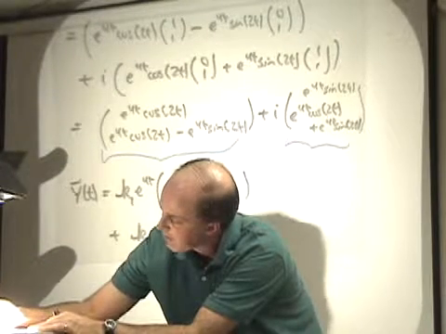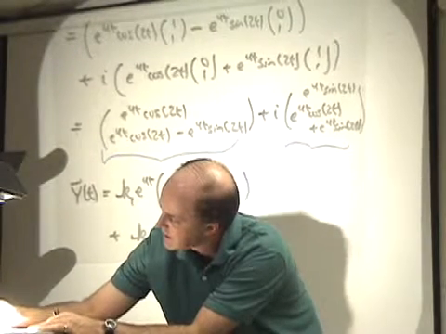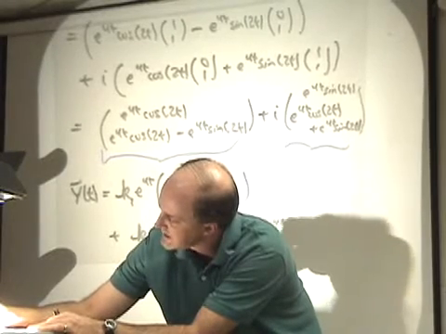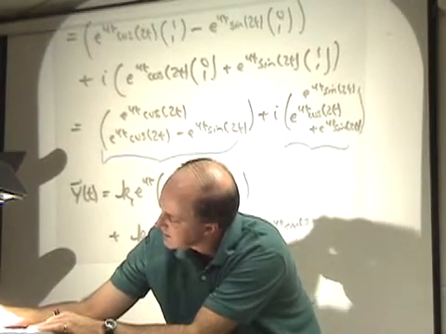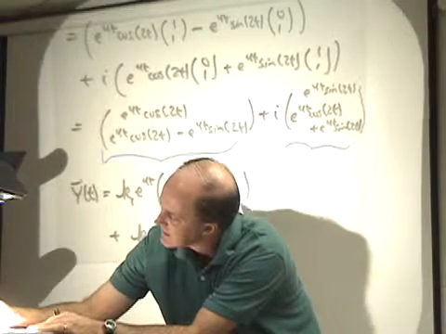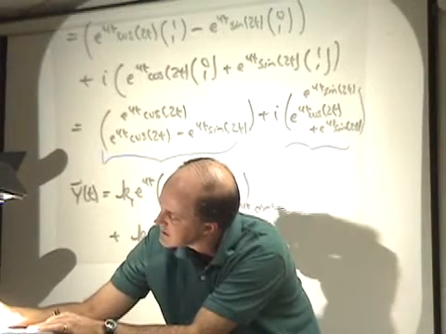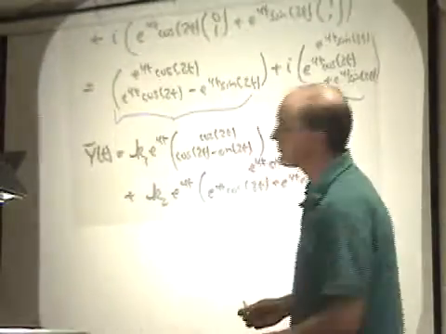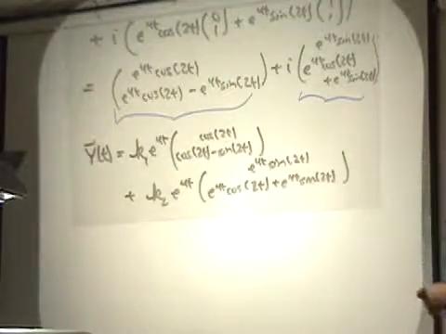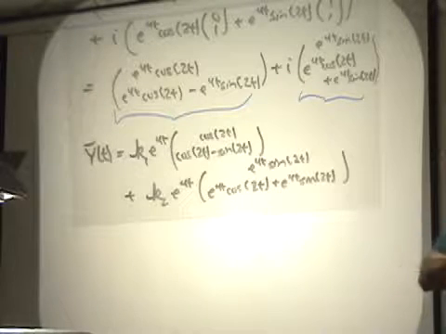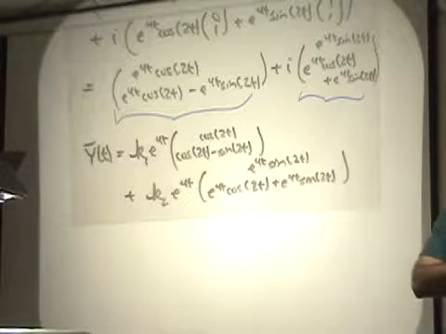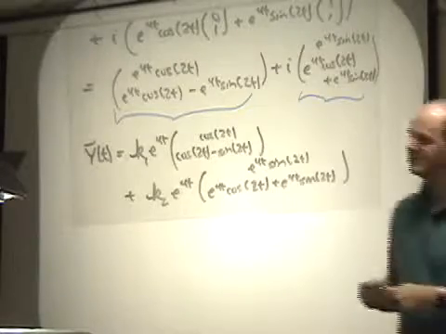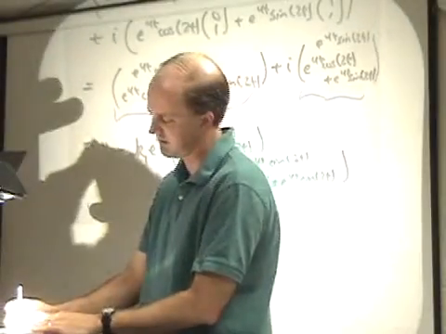Don't put the i in there anymore. e to the 4t cosine of 2t plus e to the 4t sine of 2t on the bottom, and e to the 4t sine of 2t on the top. That's your general solution, your real valued, well, the components are real valued, general solution. It is a vector solution, though, when you put it together.